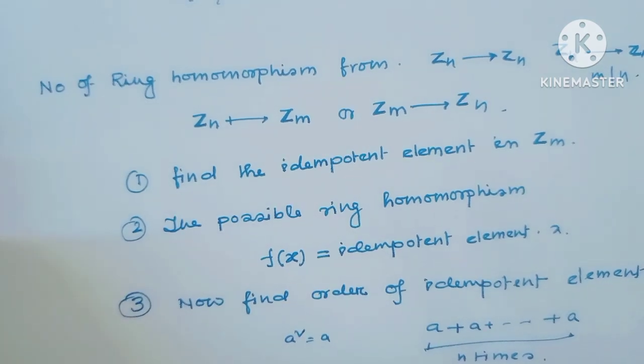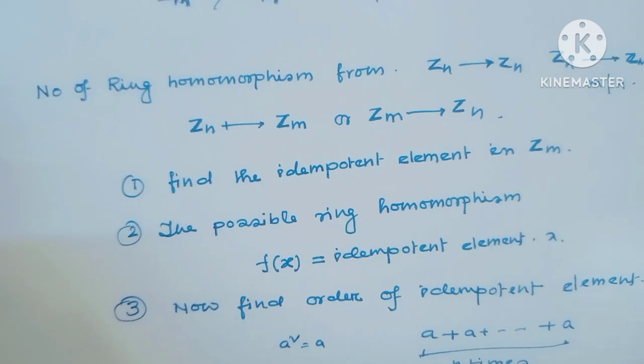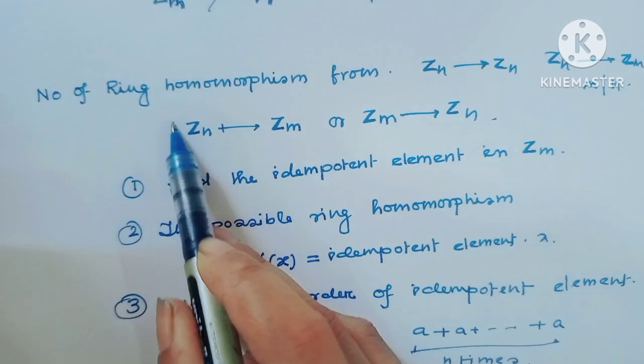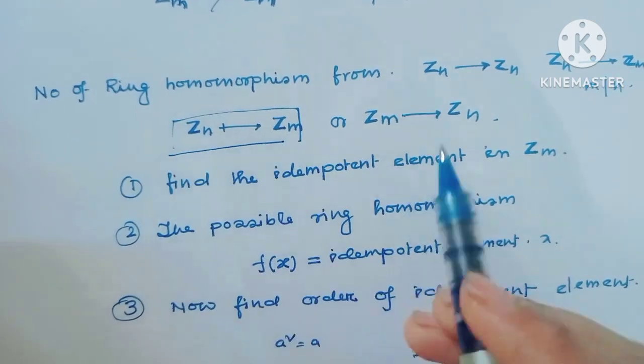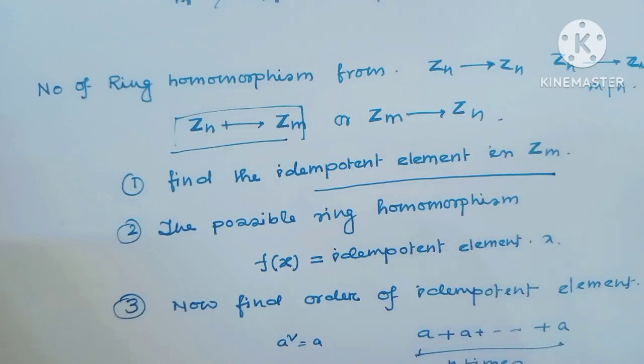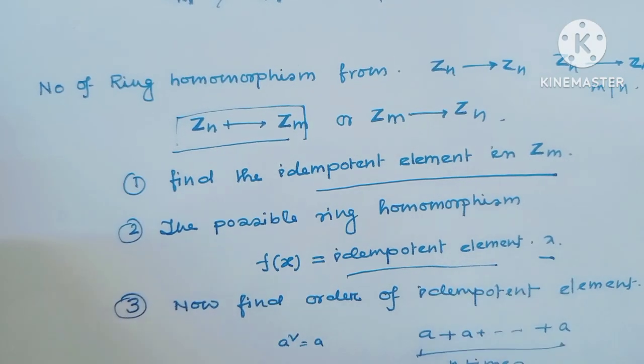But when m does not divide n, or whether m divides n or not, the actual rule for finding the number of ring homomorphisms is: if we consider Zn to Zm, then at first find the idempotent elements in Zm. Then the possible ring homomorphisms are this idempotent element times x.